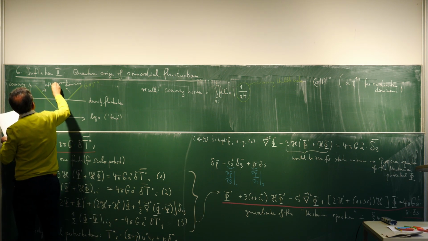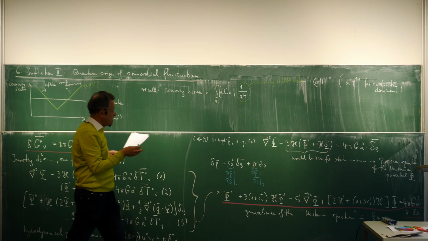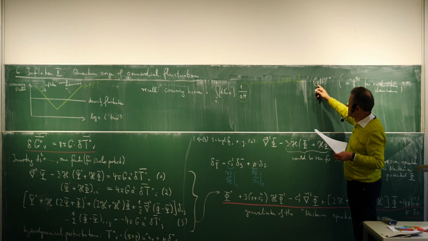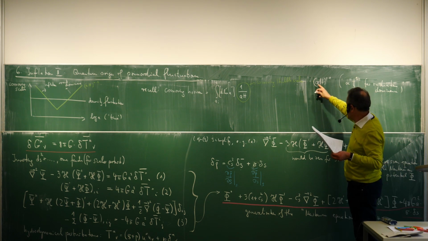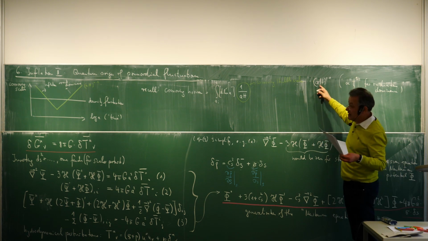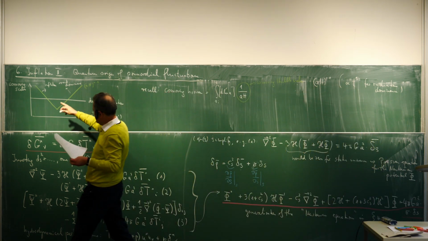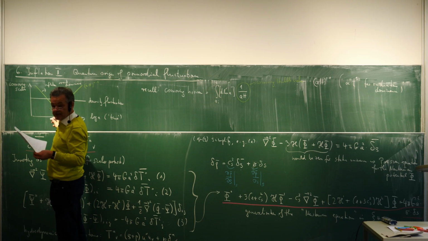Now during inflation, H is just a constant, and you just have this decrease with 1 over a, which is an exponential decrease, which in this logarithmic plot is just this decreasing line.